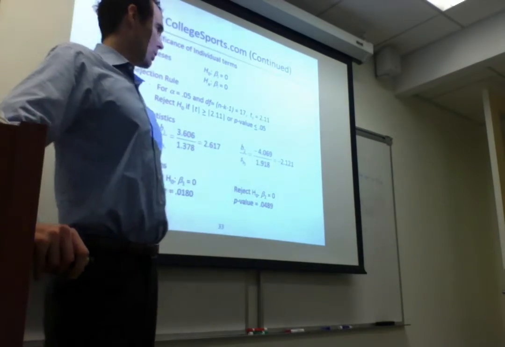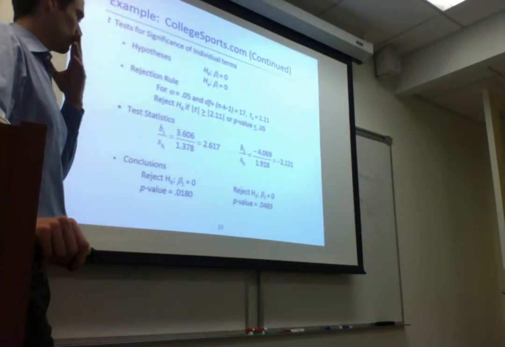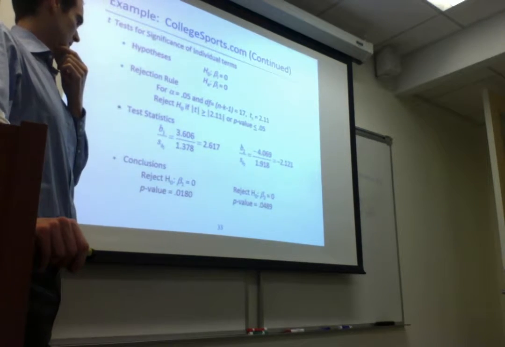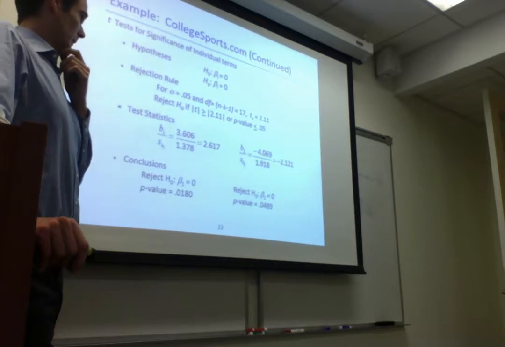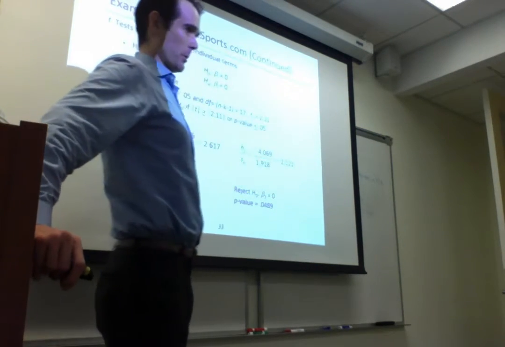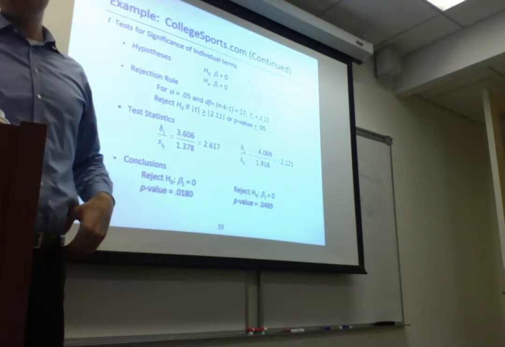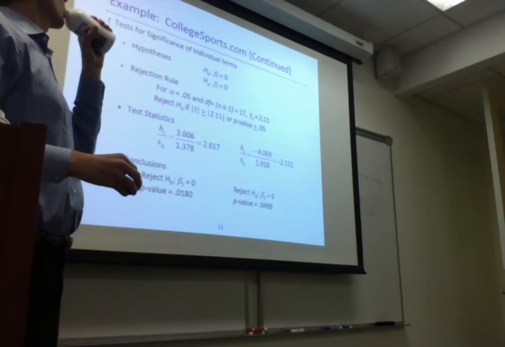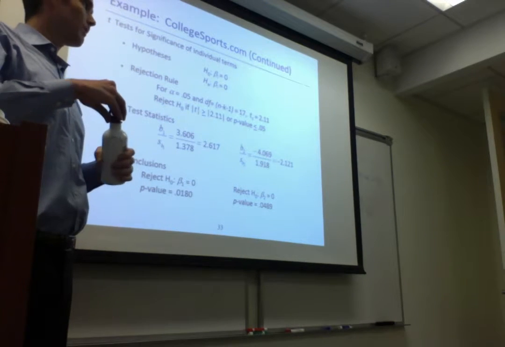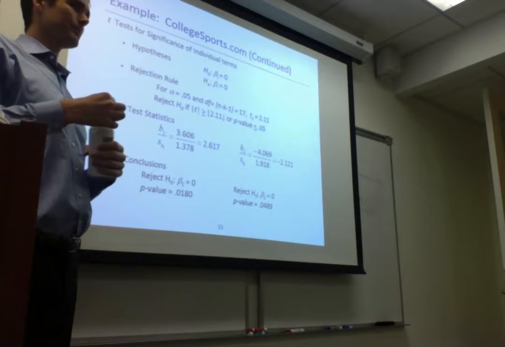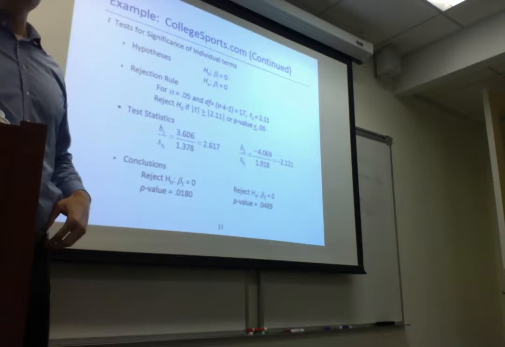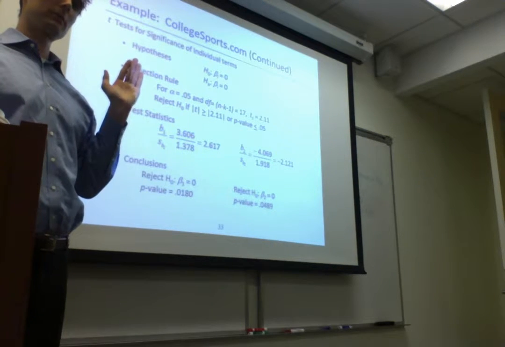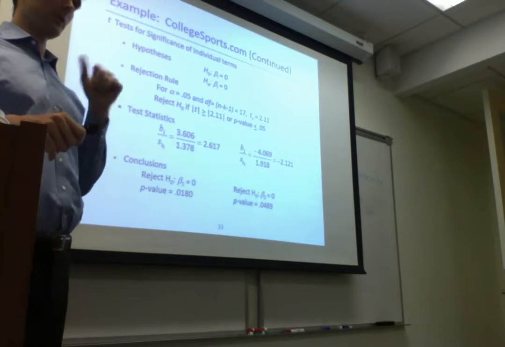So flip back to your t distribution and see if you can find that critical value of 2.11. 17 degrees of freedom, 5% significance, which means we would have 2.5 percent in each tail. Right? Looks good.